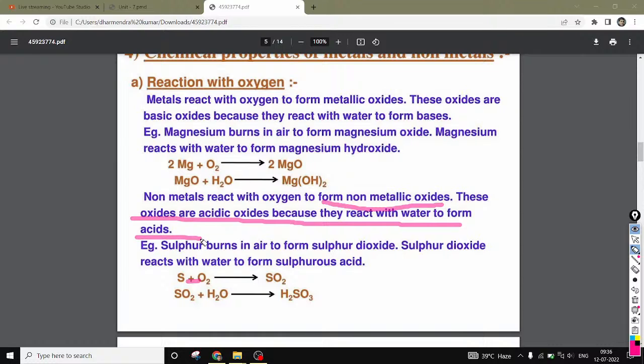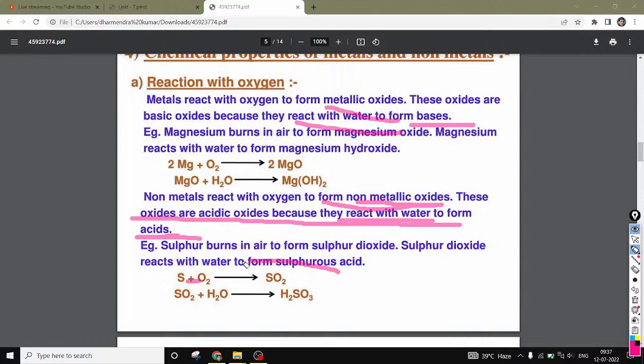So remember these two points: when a metal reacts with oxygen, it forms metallic oxide, and when this metallic oxide reacts with water, it gives bases. Similarly, when a non-metal reacts with oxygen, it forms non-metallic oxide, and when this reacts with water, it gives acid.